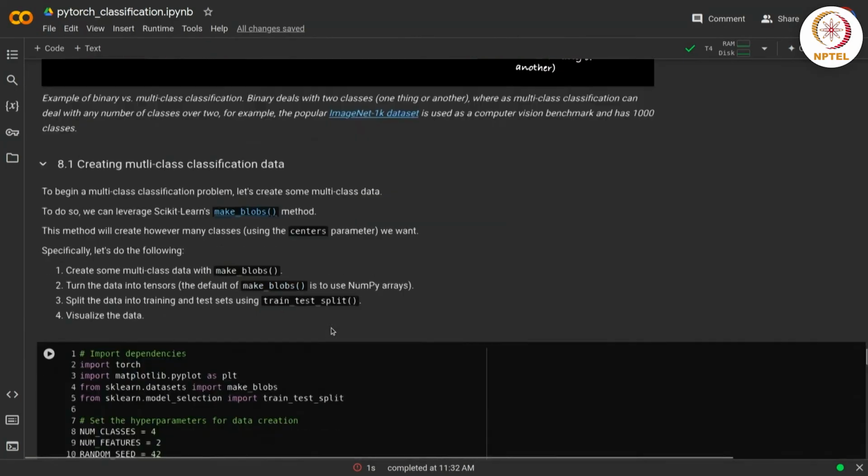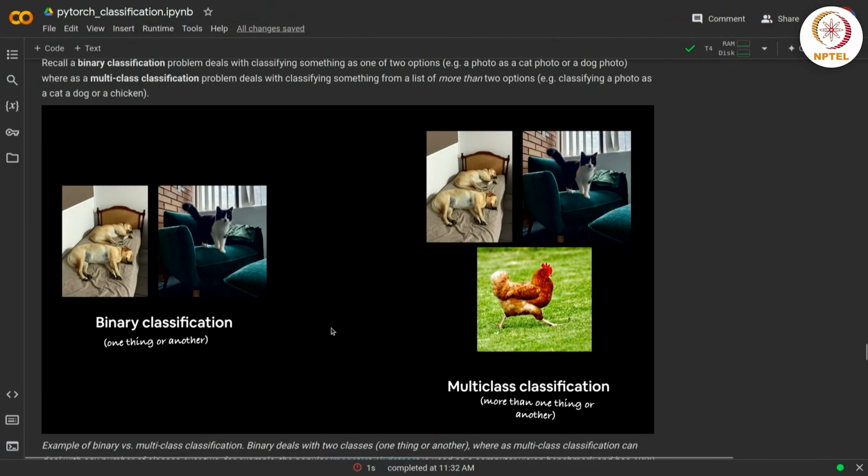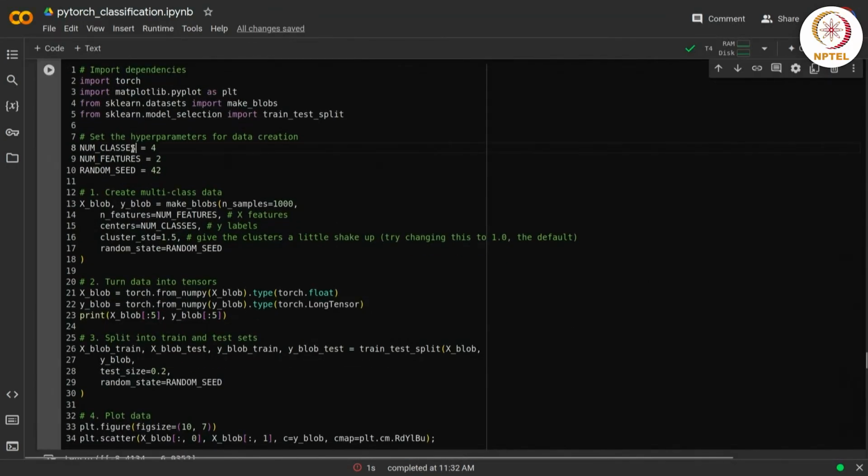You can essentially do the same thing with multi-class classification as well. So far we were looking only at a binary classification problem where there were two classes, the red dots versus the blue dots. But let's say you had more than two classes. The example we are taking here has 4 classes.